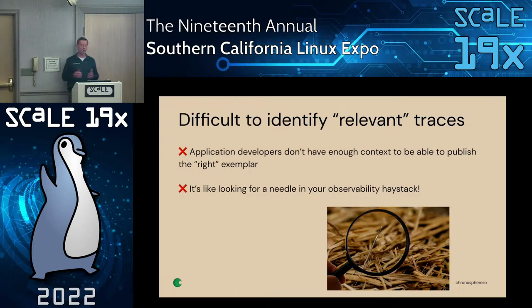Maybe they'll get it right. Maybe they know the shape of the data really, really well, and they'll nail it, and that exemplar will be right on the nose. But there's a real chance that the exemplar they've chosen to attach to that data point isn't going to be relevant enough to help you solve root cause and get to the bottom of what the issue is. So that's why we get to looking for the needle in the haystack.